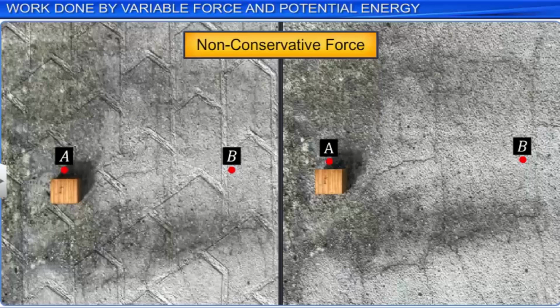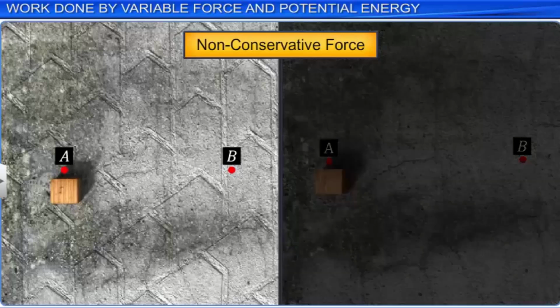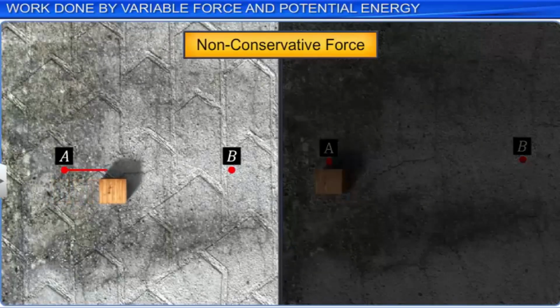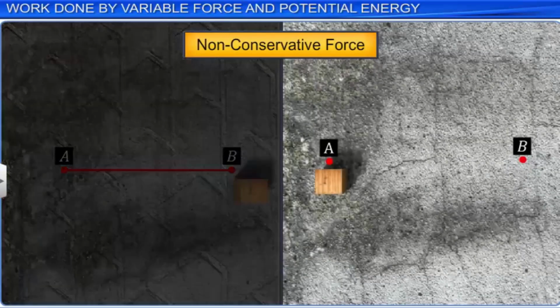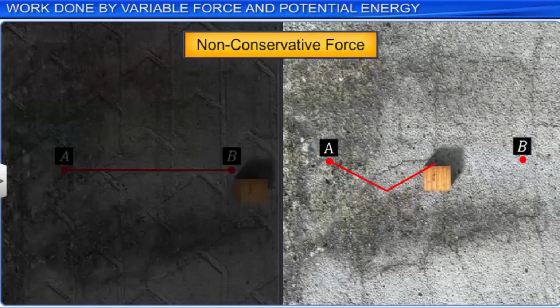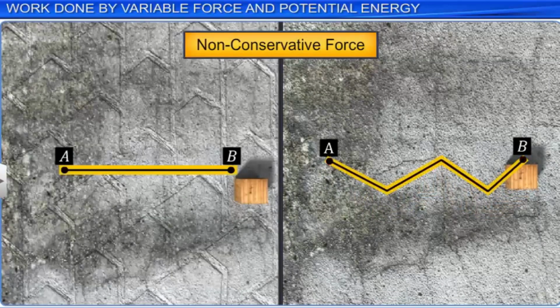Consider a box placed on a rough surface and moved between positions A and B along different paths. In the first case, the box is moved along a straight path from A to B. In the second case, the box is moved along a zigzag path from A to B. The distance travelled is different in both cases.